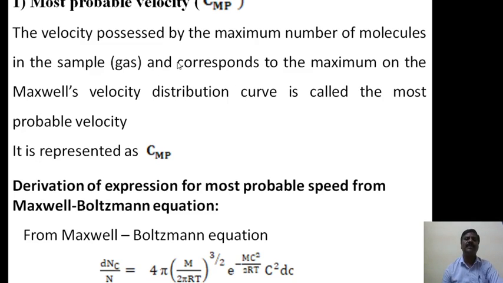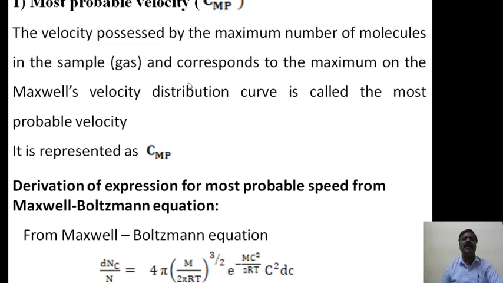Suppose 50 or 60 molecules possess the same velocity, and this corresponds to the maximum in the Maxwell velocity distribution curve. It is called the most probable velocity, represented as CMP.